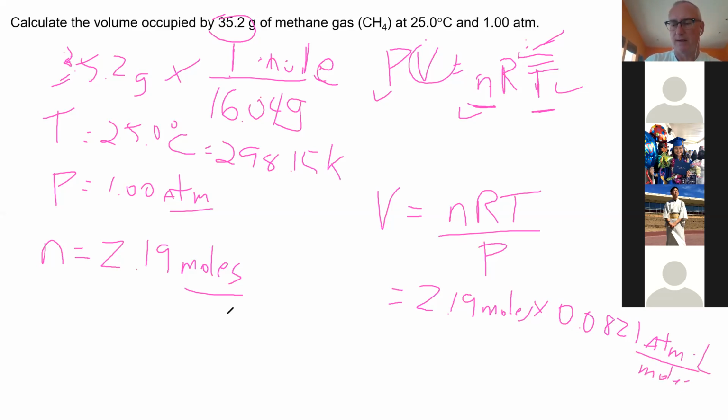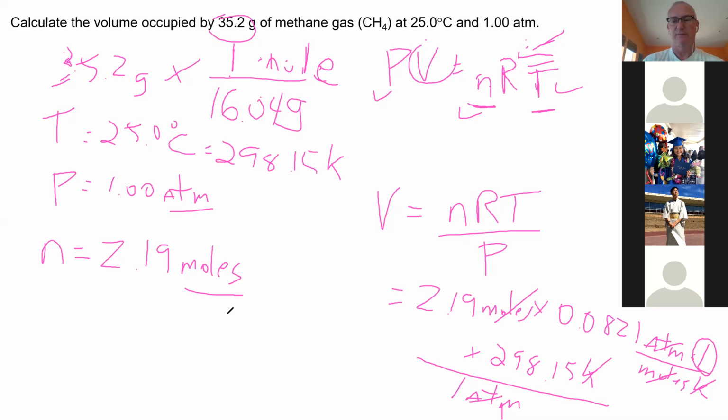And then I multiply that by the temperature, which is 298.15 Kelvin, and I then divide the whole thing by 1 atmosphere. So I've got atmospheres on the bottom, atmospheres on the top. I've got moles on the top, moles on the bottom. I've got Kelvin on the bottom and Kelvin on the top, and I'm left with liters, which is what I want.